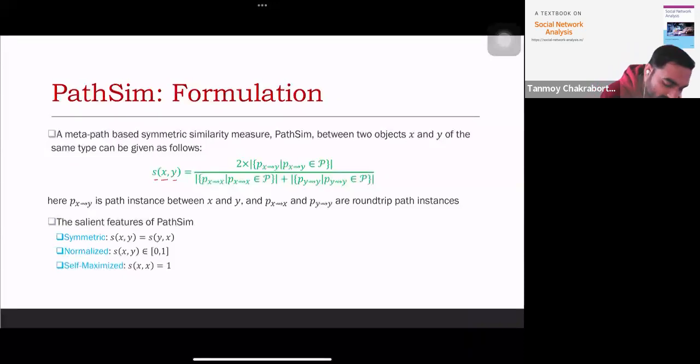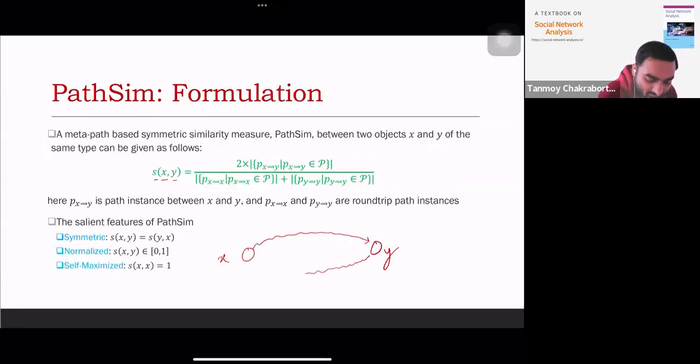What is a round trip metapath? Let's say there are two nodes X and Y. You start from X following a certain metapath, you reach Y, and then you again follow a certain metapath and you reach X. So this is called a round trip metapath, in which the start node and end node are the same.